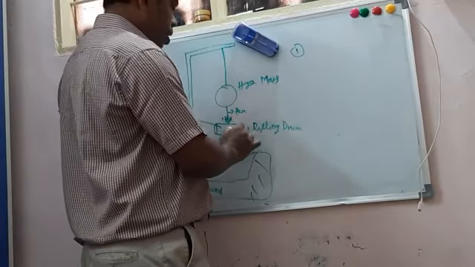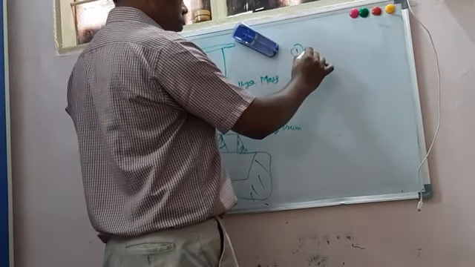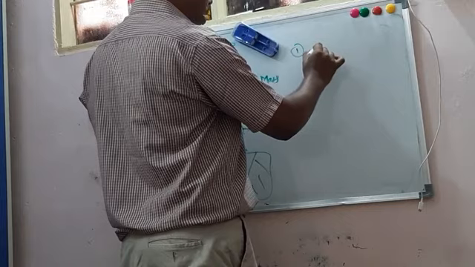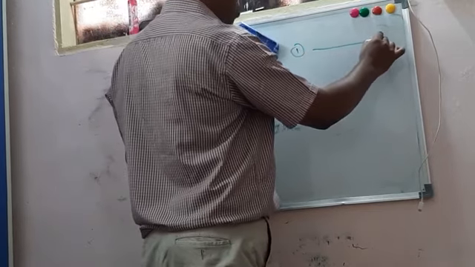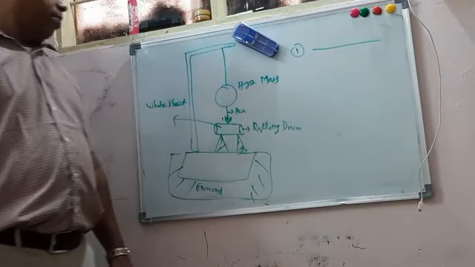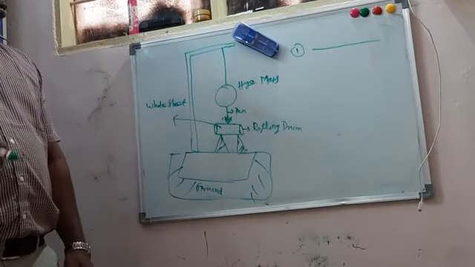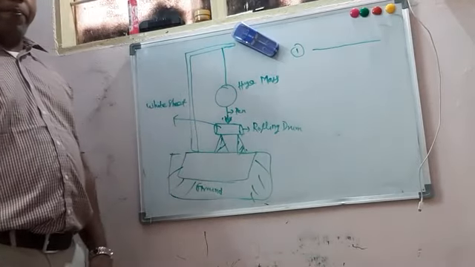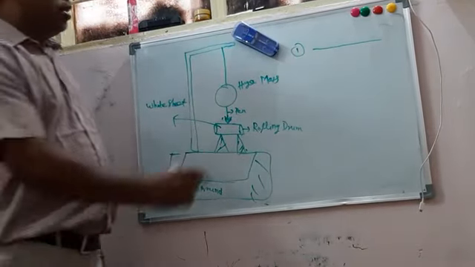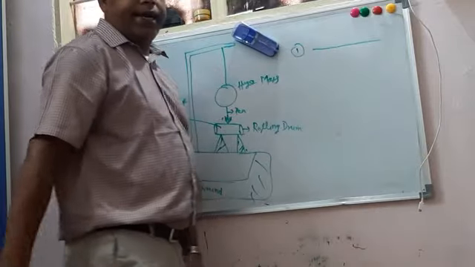So as the drum rotates, a linear line is drawn because the pen is in contact with the paper. So this is in the absence of any earthquake.